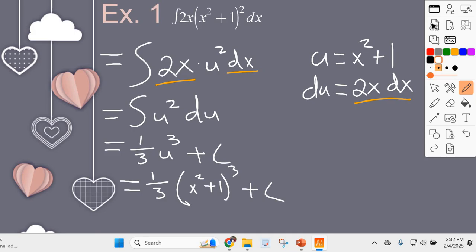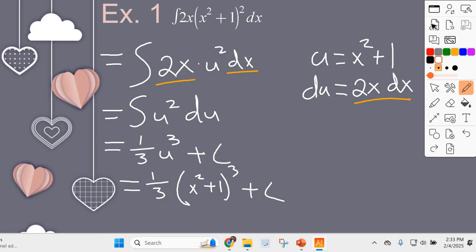Does that 2 help me do anything else with the rest of the stuff? No. So then I'm going to be stuck in an integral that has both u's and x's in it, and I can't move forward from there. You will get to a point where I can't simplify anything else, and I still have u's and x's. So that probably means I picked the wrong u.